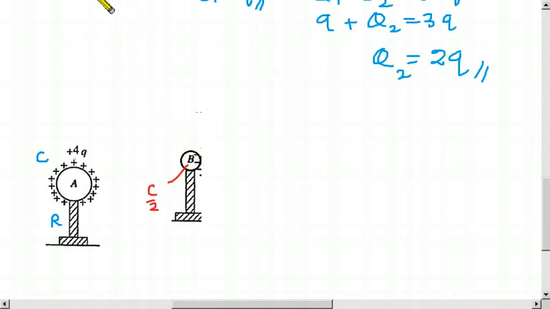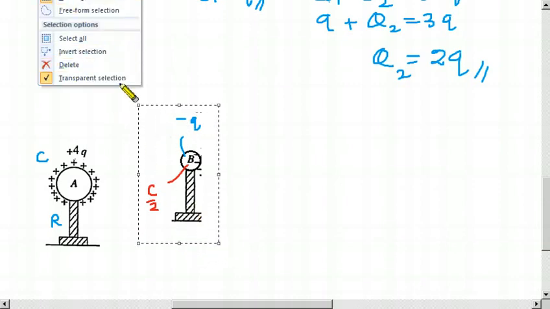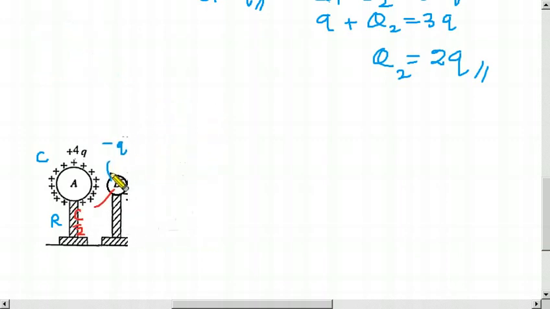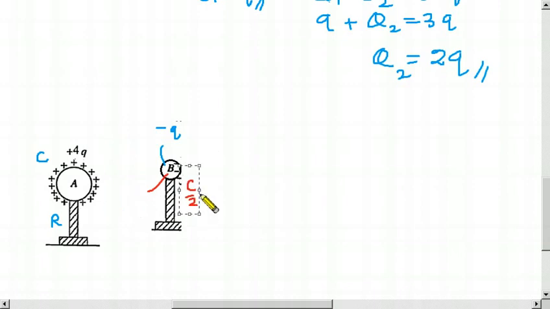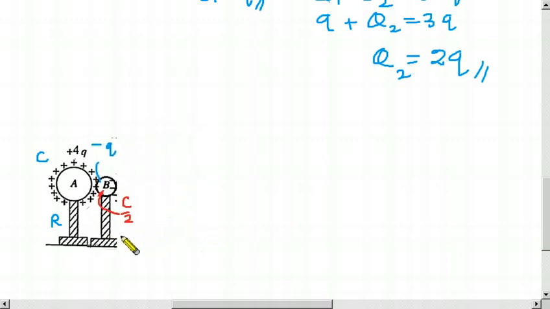C divided by 2, we need the charge. This one has minus q. It touches with this one now. This one we take to this side. C divided by 2. So touch with this capital A now.